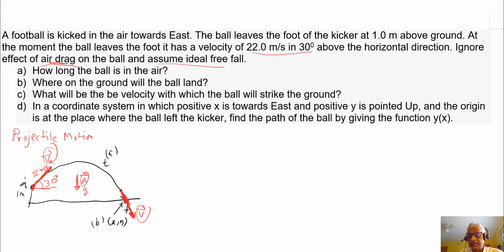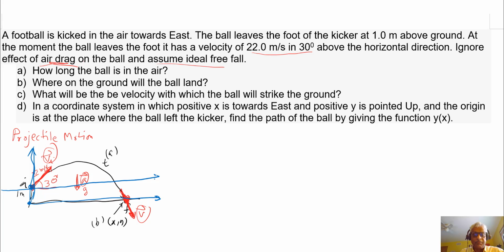This is the tail, and this is 22, and this is 30 degrees, and so this will be v initial x, and this will be v initial y. So v initial x is going to be v0 cosine 30 degrees, because this is adjacent, and this side is the same as opposite, so viy will be v0 sine 30 degrees.